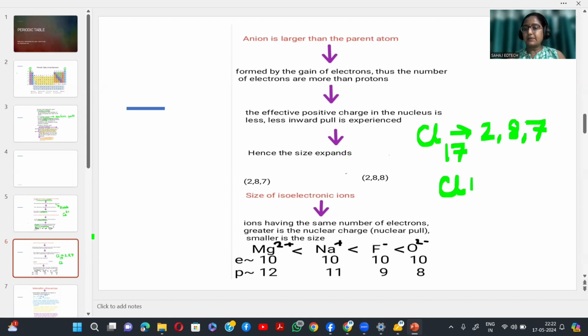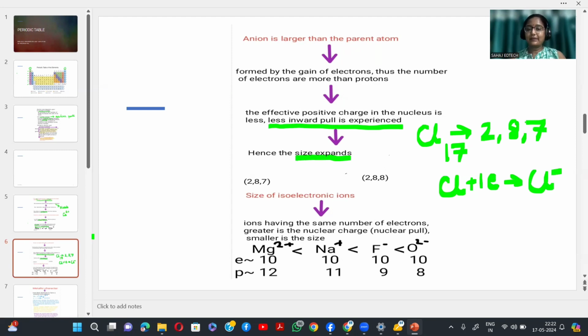It will become stable if it gains one electron and forms a negatively charged ion. Since the number of electrons is more, the nuclear pull will not be effective. Less inward pull is experienced, and hence the size expands.